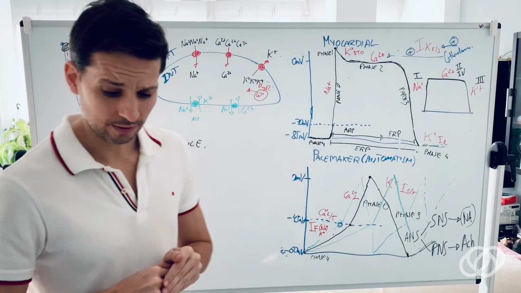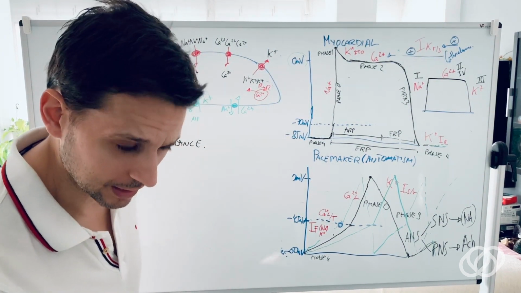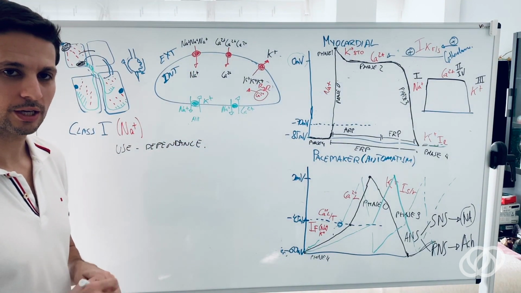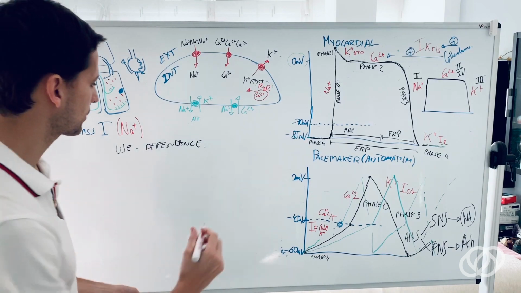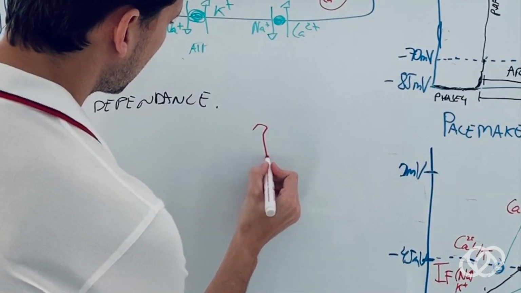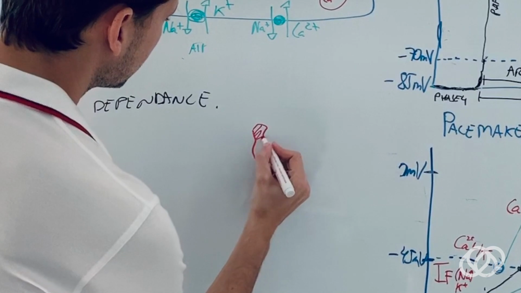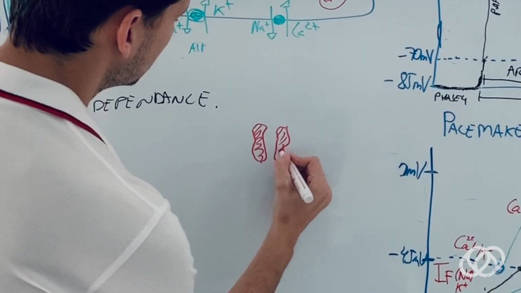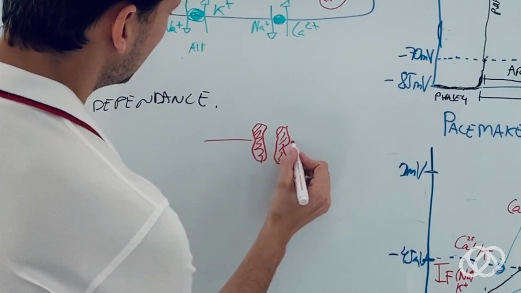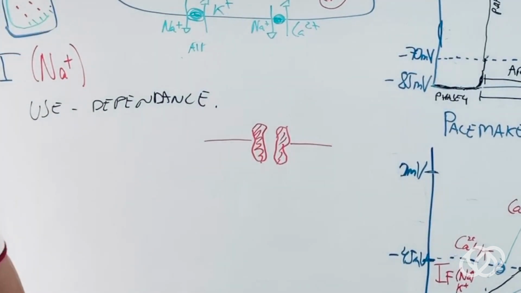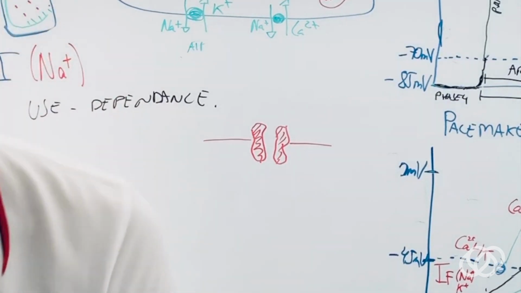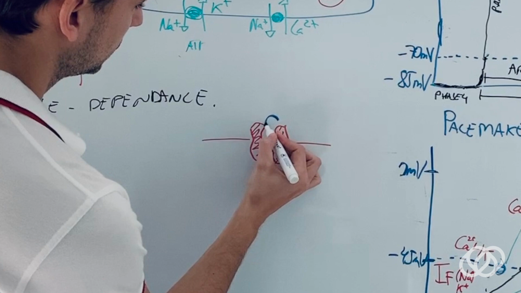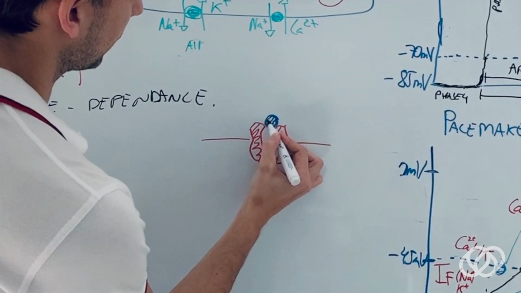It means that, for example, in the case of drugs that block the cation channels, we can have a channel here, and there is a drug that tries to block the channel.